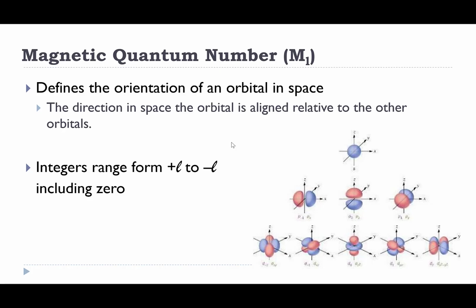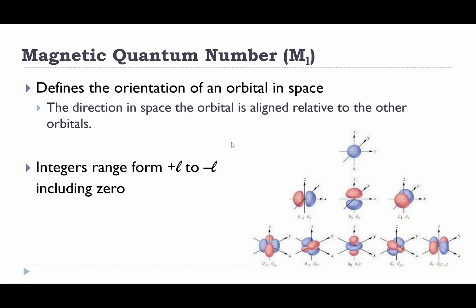The magnetic quantum number is denoted with a capital M and a subscript lowercase l. The magnetic quantum number is going to define the orientation in space. Okay. So this is where I was talking about a sphere. There's only one way to orient it in space. A p orbital, you can orient it up and down, left and right, coming out at you, going back into the paper.